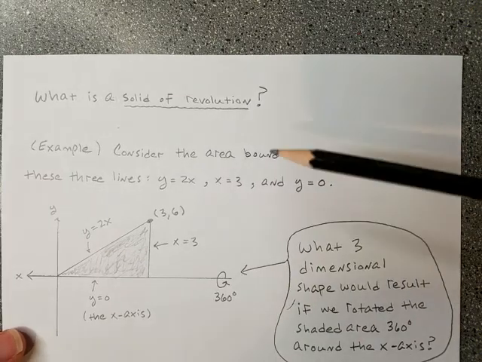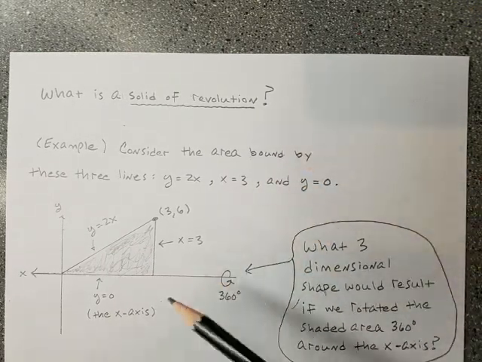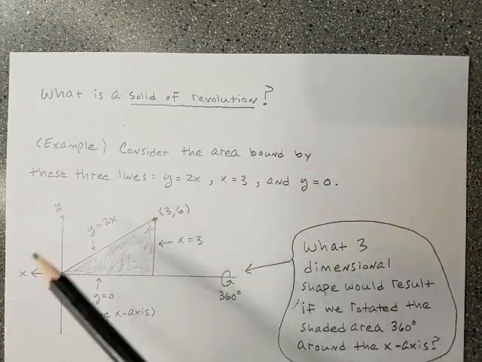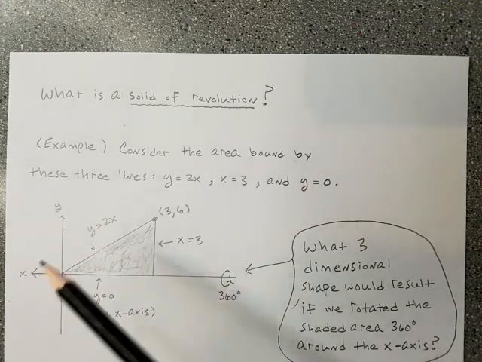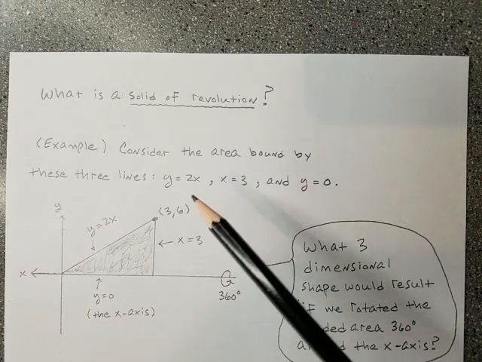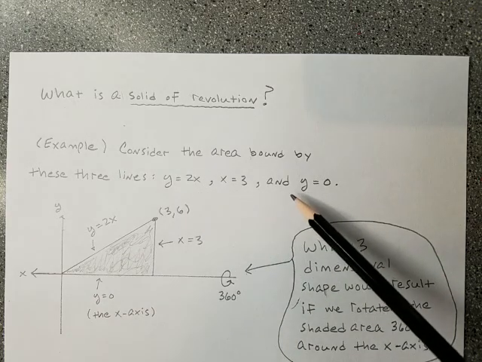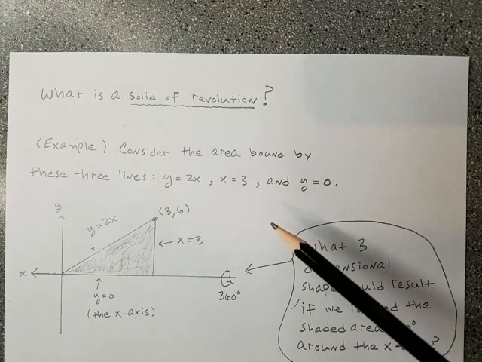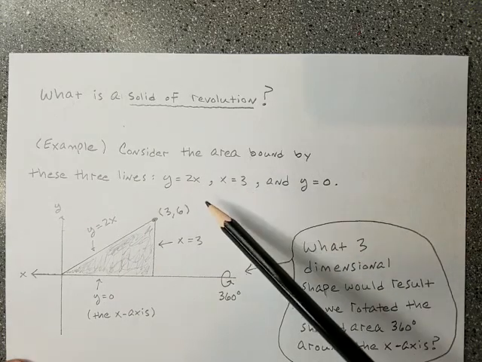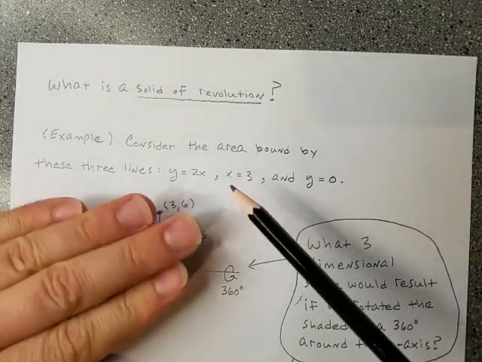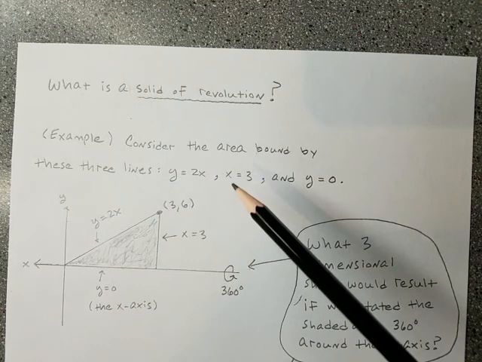So here's the setup for that. Say you have some area, some region of the XY plane, all right? And it may be given to you in picture form, it may be given to you by equations, or lots of different ways, but let's say that it's given to you like this. So I'll describe it first, and you can pretend you don't see that picture.